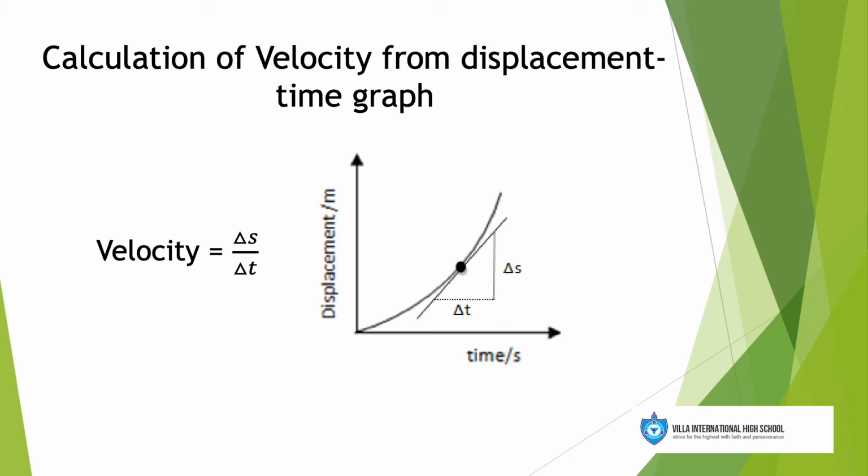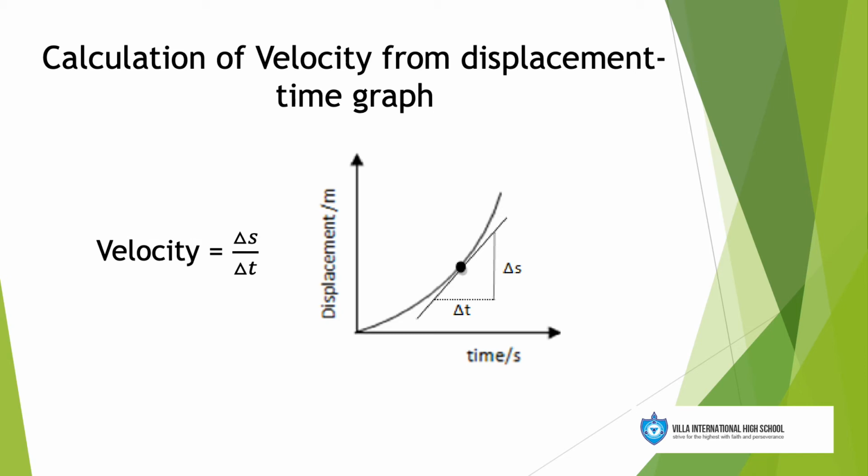So the equation for gradient can be used to find the velocity. The velocity equation: delta s divided by delta t. Delta s is change in displacement, delta t is change in time. In terms of gradient, we can say y2 minus y1 divided by x2 minus x1, or delta y divided by delta x.